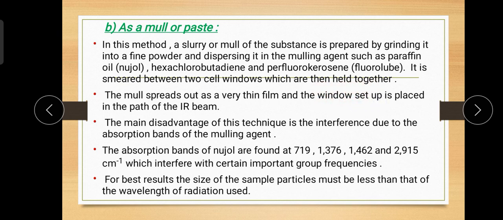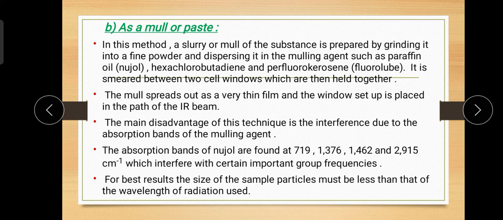That means in this method the sample slurry or mull of the substance is prepared by grinding it into fine powder, and this powder is dispersed in the mulling agent. The mulling agent used can be paraffin oil or Nujol, hexachlorobutadiene, or Fluorolube.